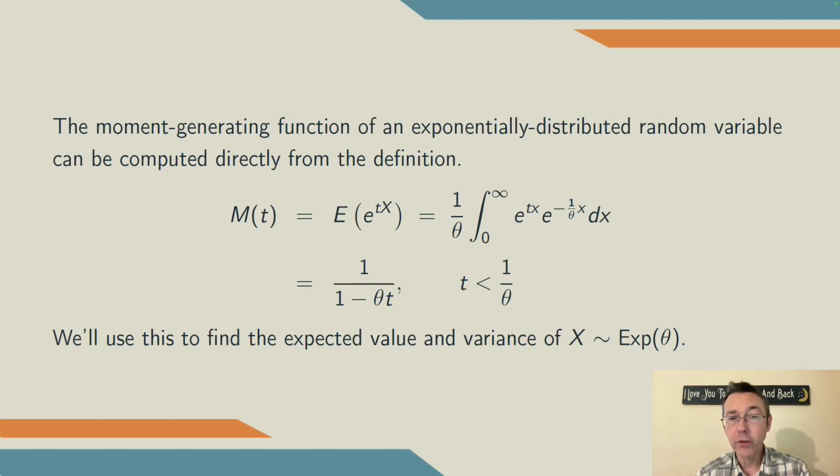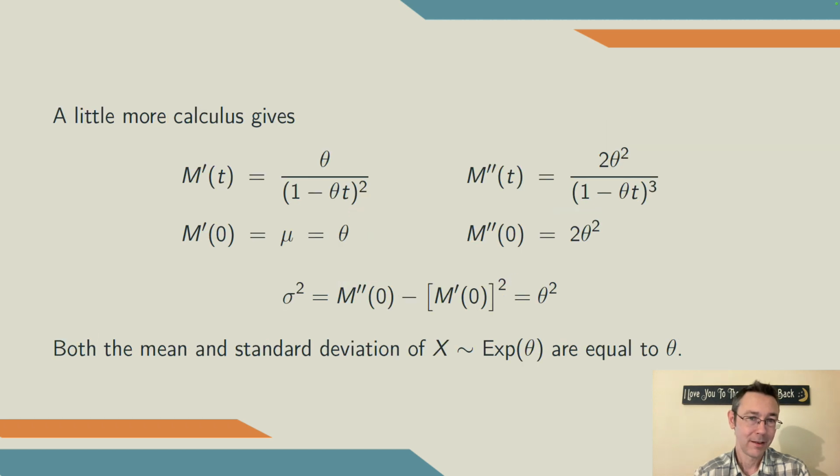So we use the moment generating function to find the expected value and variance of a random variable with an exponential distribution. We do that by taking a couple of derivatives of the moment generating function, plugging in 0. These give us the first 2 moments of such a random variable. So the expected value of x, in other words mu, is theta, and the expected value of x squared is 2 theta squared.